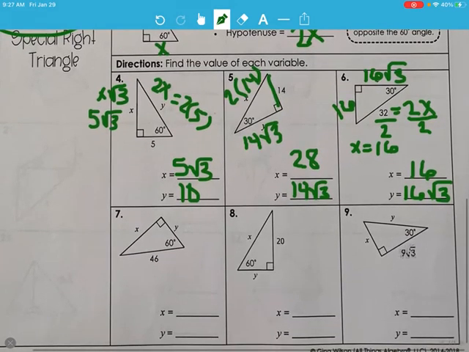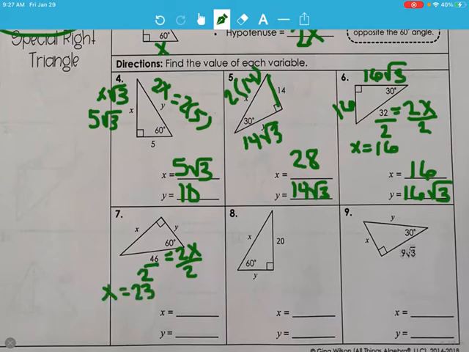Okie dokie. Number 7 is just like number 6, they gave me the hypotenuse, so 46 equals 2X, divided by 2, divided by 2. X equals, what is that, 23? X always represents the smaller side, right? So here's my smaller side, where Y is in the picture, so please don't get confused with these letters.